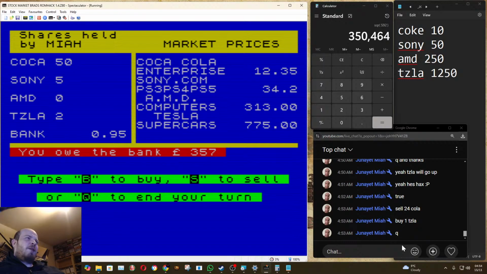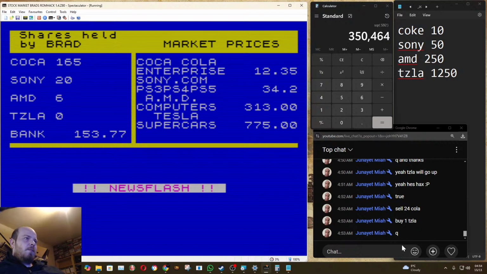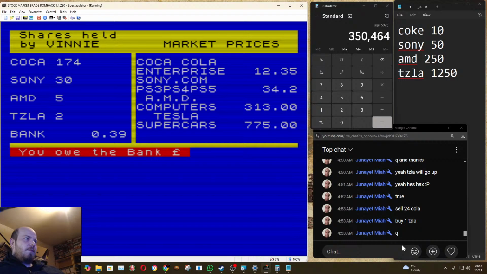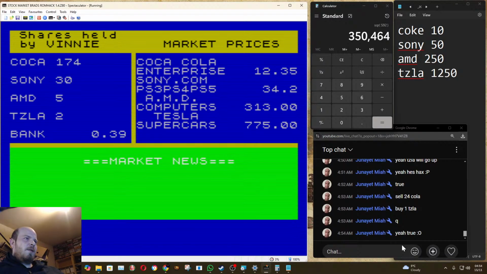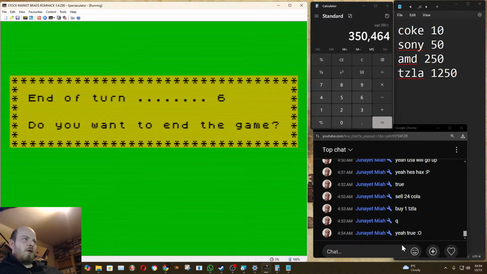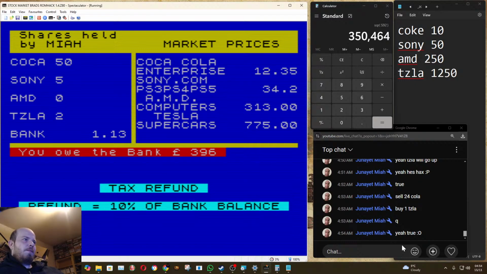But if Tesla goes up by 250, then you've made 500 because you've got two of them, right? And the market's closed, which doesn't help things. So Vinny owes the bank 2,322 and he can't do anything about it. Now the interest rate's only 9%, so that's not going to be too bad. So you only owe the bank 400 now. You got a pointless tax refund of nothing.